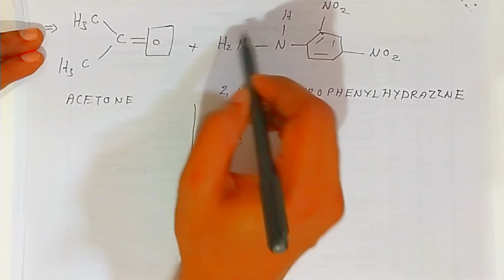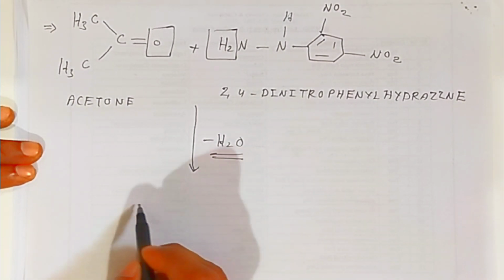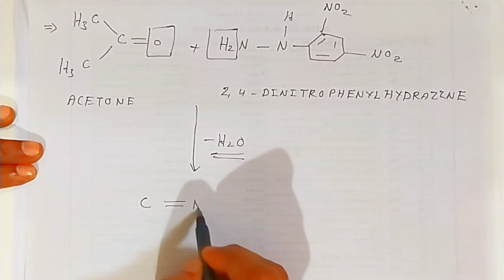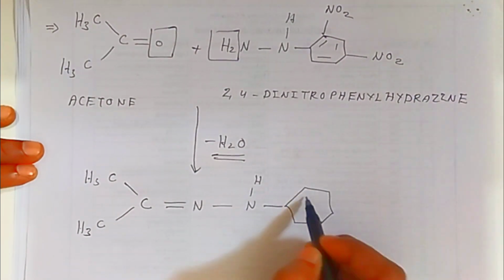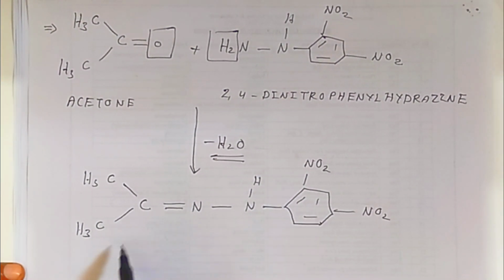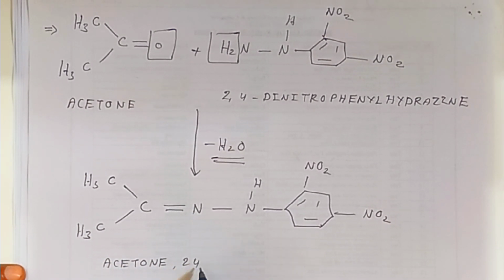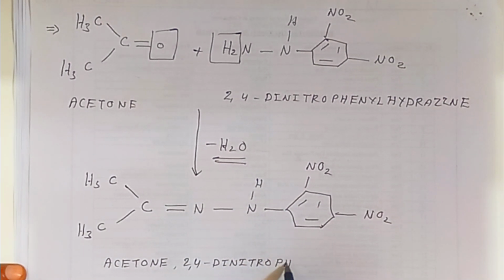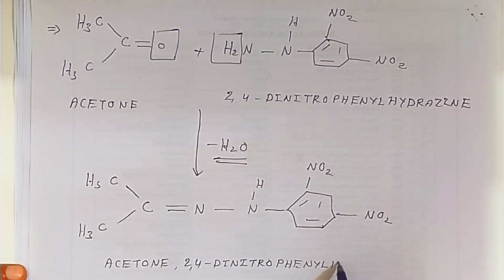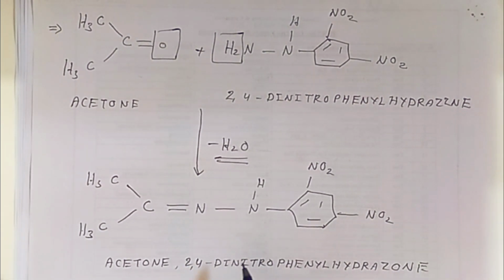Oxygen of acetone combines with hydrogen of 2,4-dinitrophenyl hydrazine, there is elimination of water molecules, and carbon forms a double bond with nitrogen like this, and you get the derivative. This way, students, it is called acetone 2,4-dinitrophenyl hydrazone.